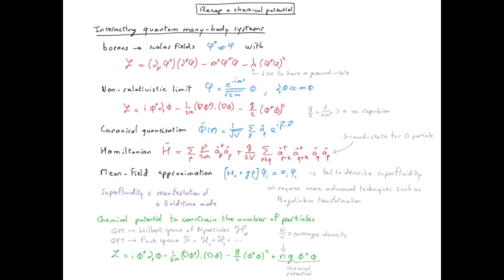The addition of this chemical potential to the non-relativistic Lagrangian constrains the average density and therefore the number of particles in the system. Indeed, we should recall that the Lagrangian is the kinetic energy minus the potential energy, so this is a negative potential energy.